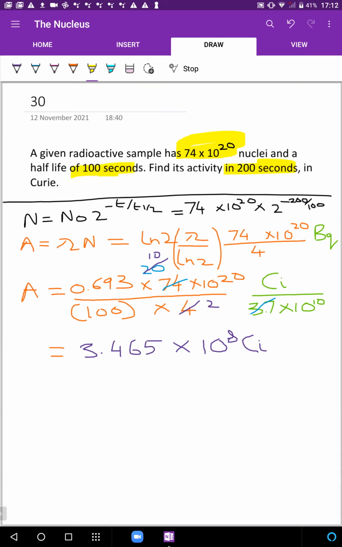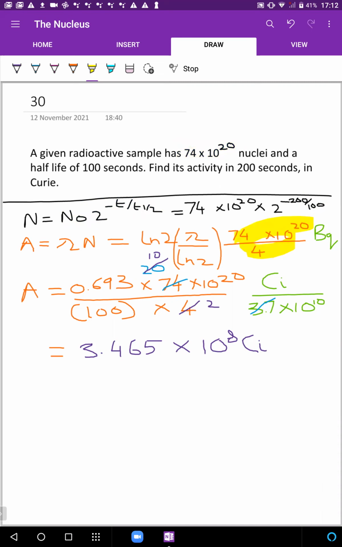So after 200 seconds, meaning after two half-lives, 74 by 4 into 10 to the power 20 nuclei would be left. If I put t as 200 and my half-life is 100, then 2 to the power minus 2 becomes 1 upon 4. So basically the number of nuclei left is 74 into 10 raised to 20 by 4.